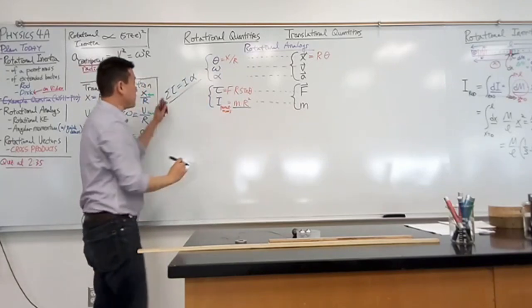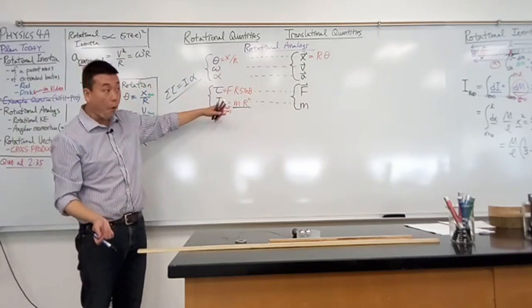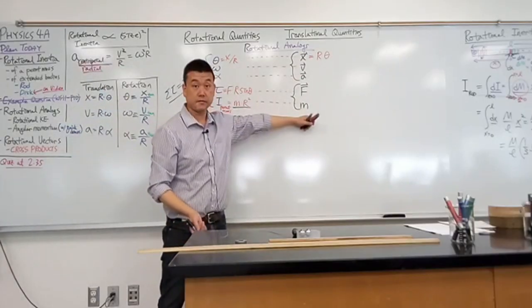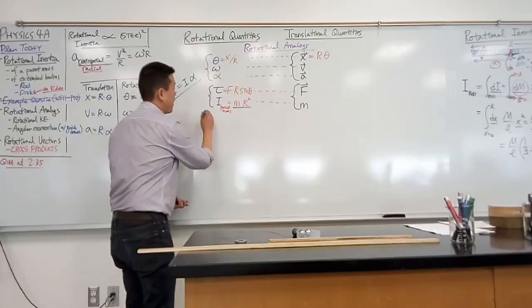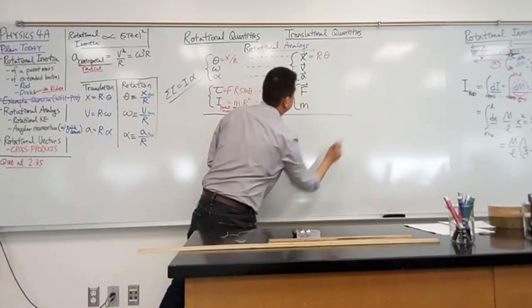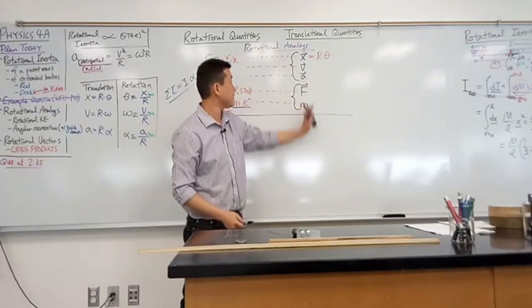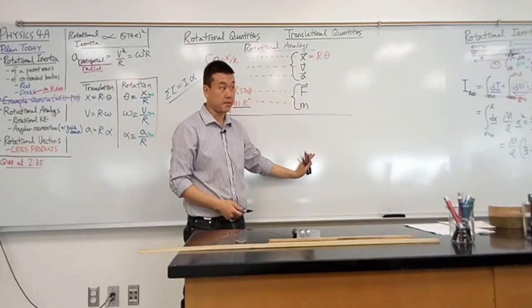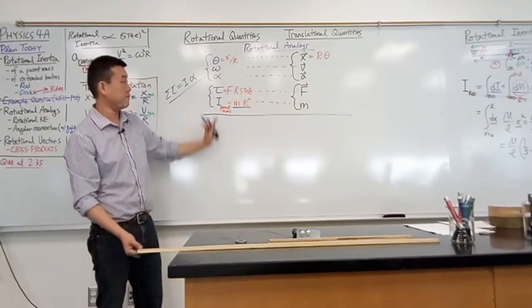And this expression is true, whether you describe it using this or whether you describe it using this. That's by design. And having designed things this way means now we have an analogous relationship from what you have on the right-hand side, the translational quantities, to a similar quantity on the left-hand side.